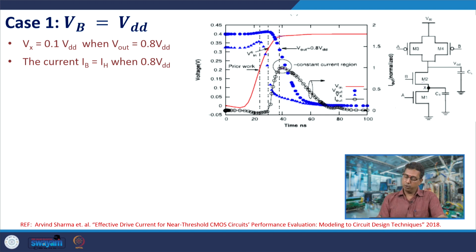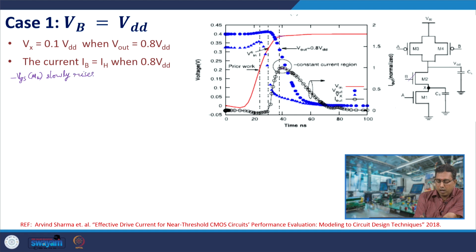So you have Vg rising slowly and Vd falling rapidly, as in the case of an inverter. So Vgs of M2 slowly rises, due to back coupling, capacitive coupling through CMX.